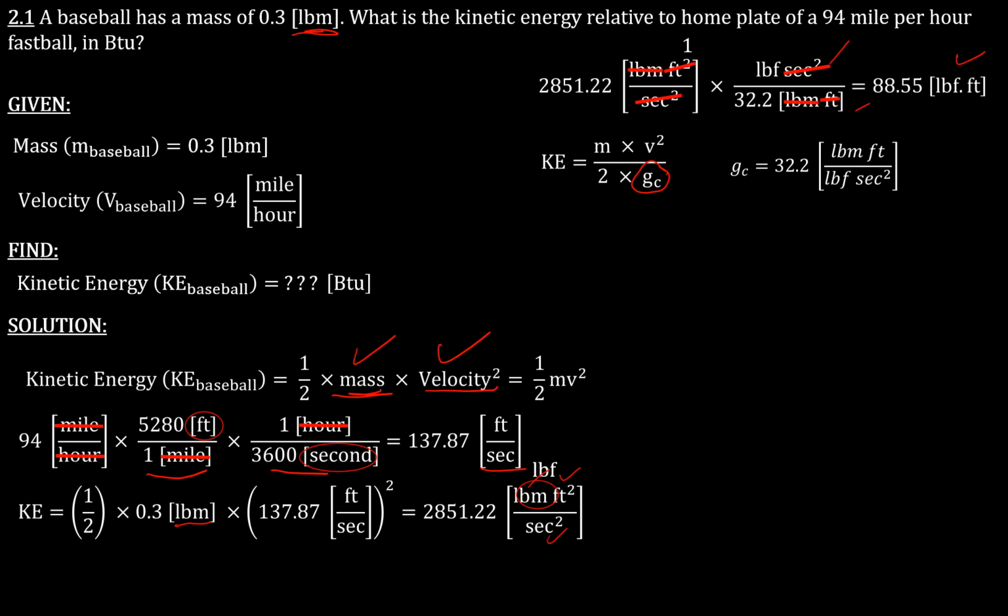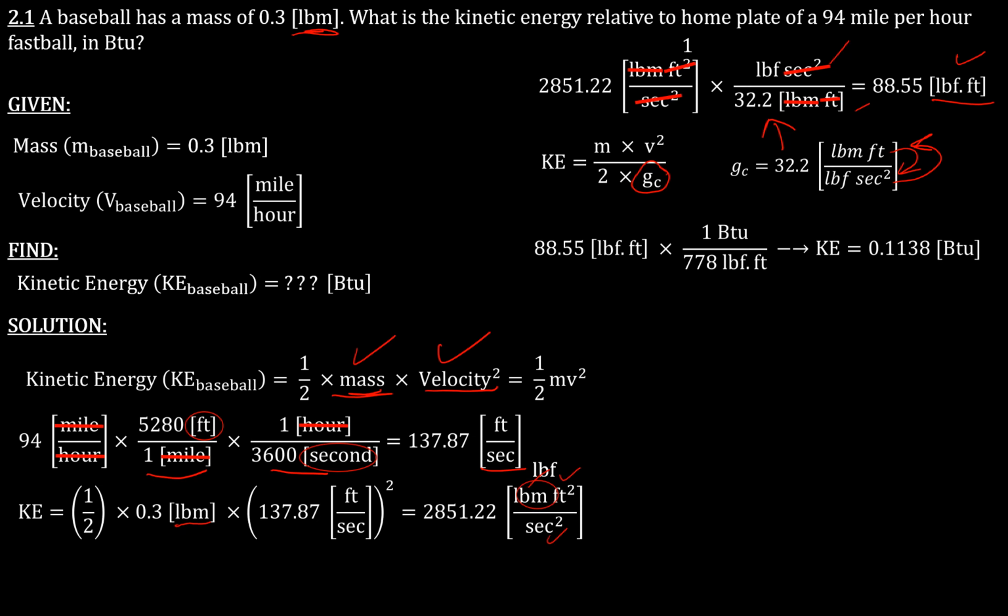Having the pound mass in the numerator won't help, so we want the pound mass to be in the denominator. In order for us to flip these units, we divide the equation by the gravitational constant, and that's what we did in here, and we were able to get the desired unit of pound force times feet.